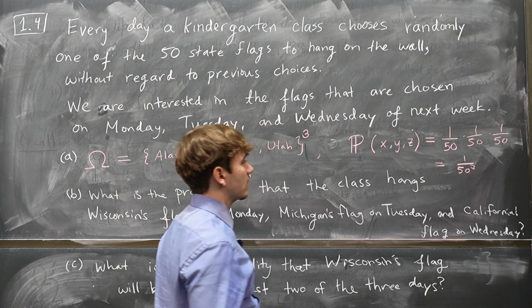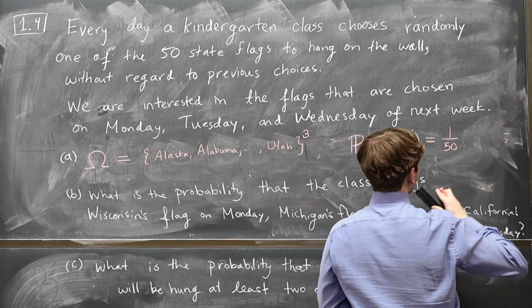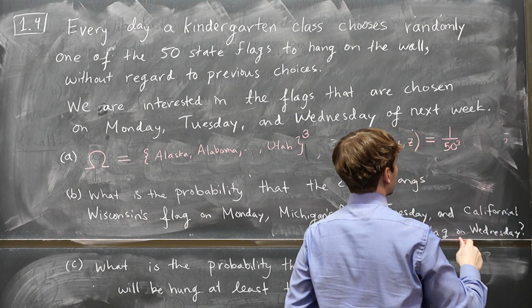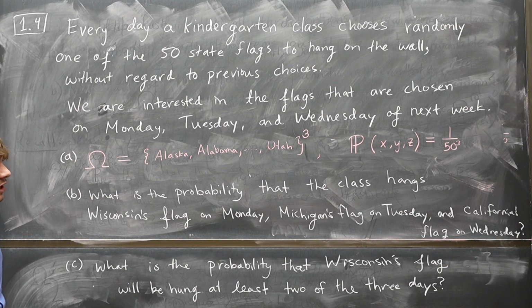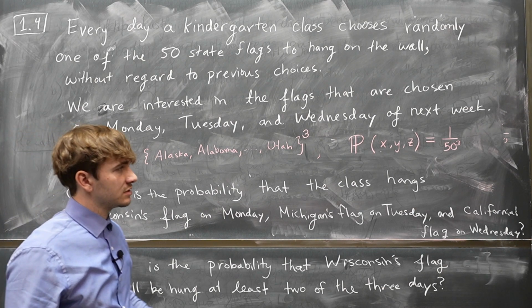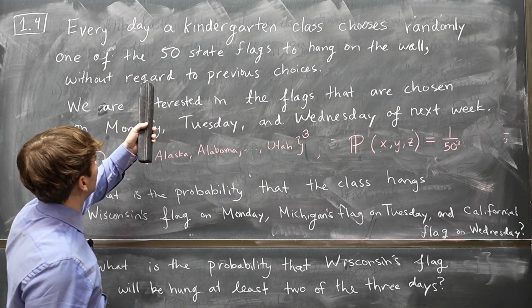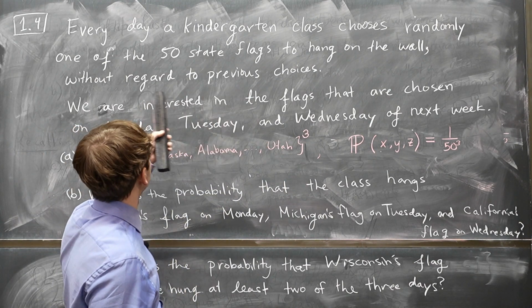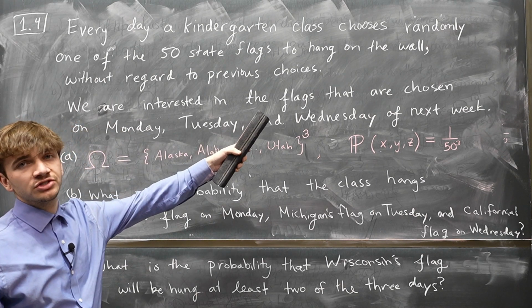Okay? And let me just write it like this. So, okay, now the reason why we can split this into a product of 1 over 50s is essentially because of this statement here, that we're choosing our flags without regard to previous choices.